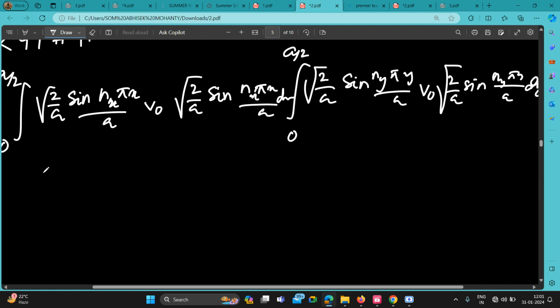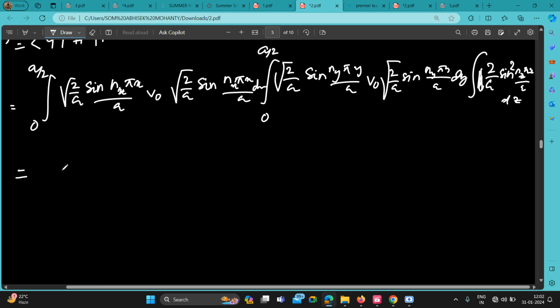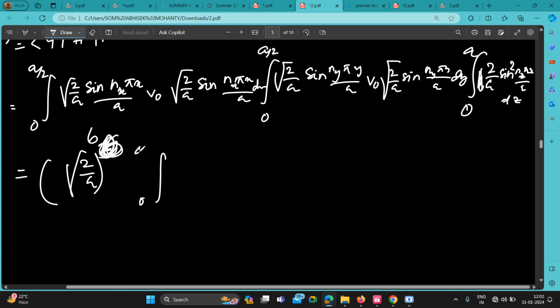Okay, so whatever things will be going out. For z the limit would be what? 0 to a, and this root over 2 by a is multiplied 6 times, 3 times. Let's take it as 6. Okay, and 0 to a by 2. V naught is noted twice.